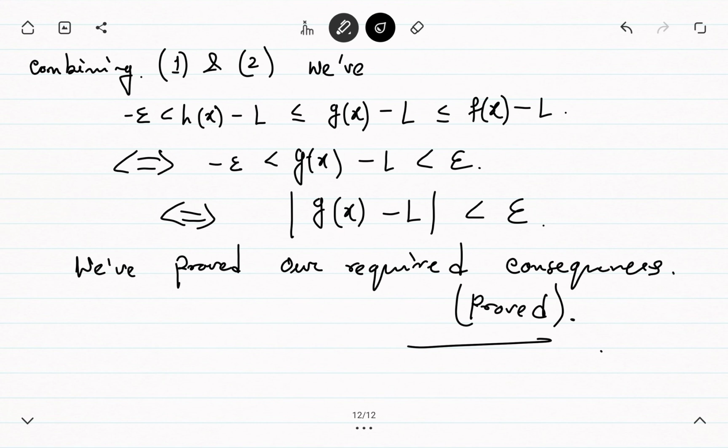So I'm stopping this part here. In the next video, it will be all about the problem solving session of how problems can be dealt with using the epsilon delta approach and the squeeze theorem, and consequences will be defined in our next session.